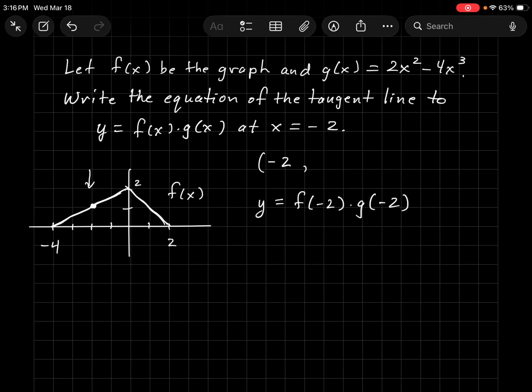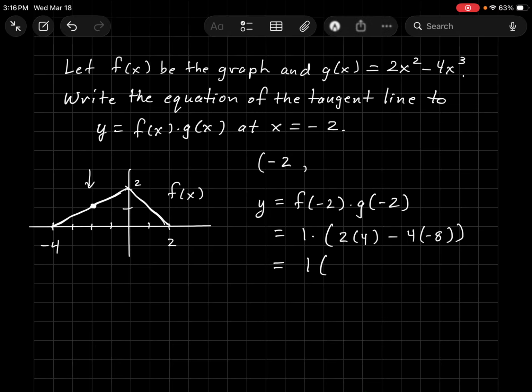Y is f of -2 times g of -2. Which is, well, f of -2 is 1. And then g of -2 is 2 times -2 squared, or positive 4, minus 4 times -2 cubed.